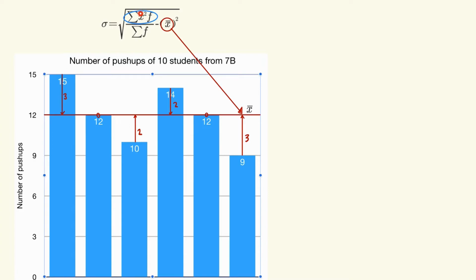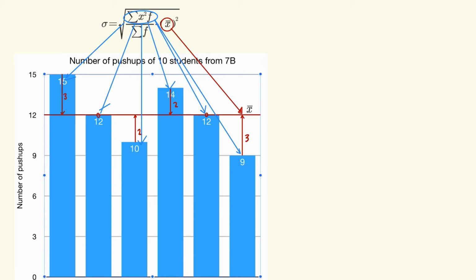And so I'll circle another, I'll use my blue pen, and this part here, the sum of all the scores, that's related to each of the actual scores, as in the number of push-ups that each person did. So 12 push-ups here, and 9 push-ups here, right? That's what those scores are.